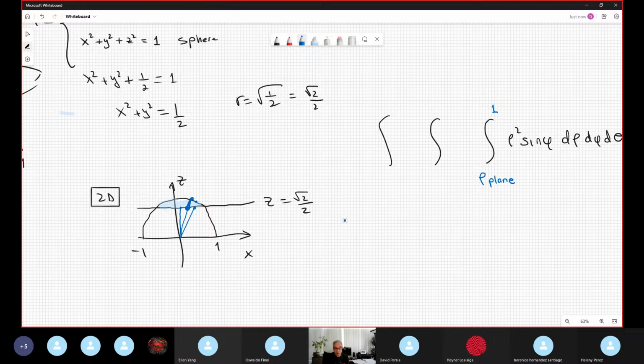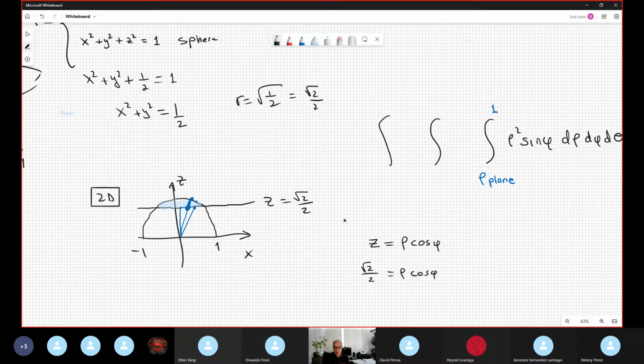However, I am confused because I need to find the relationship of rho. But I know, I come back to the spherical, no? C is equal to rho cosine phi, no? But C is constant in the plane, which is radical 2 over 2. Radical 2 over 2 is equal to rho cosine phi.